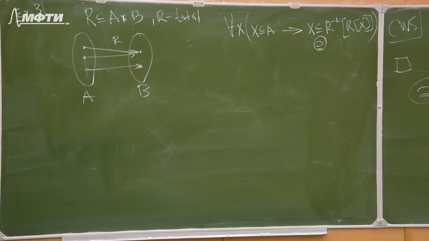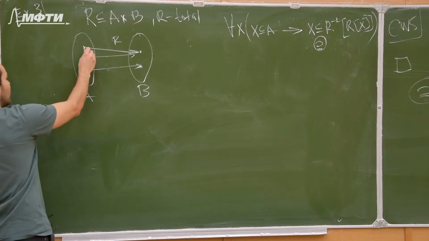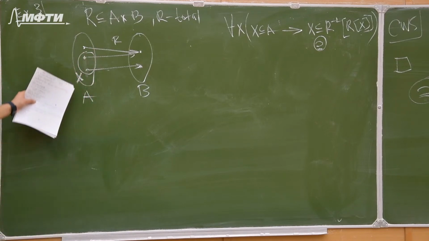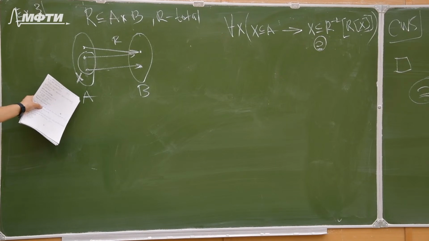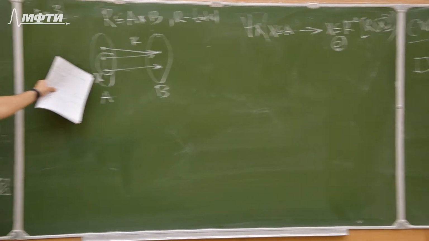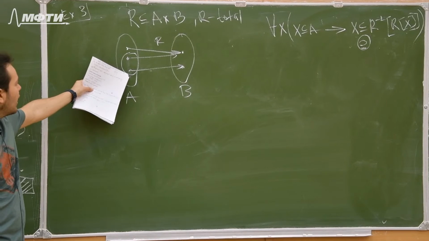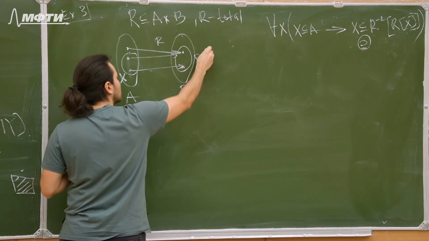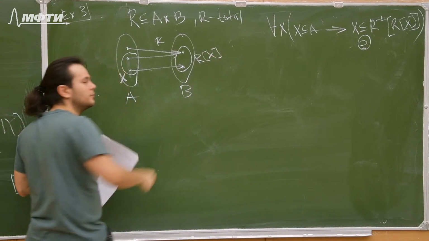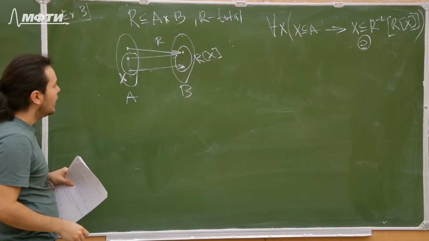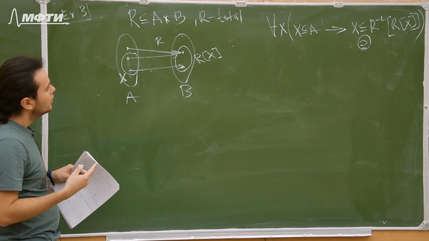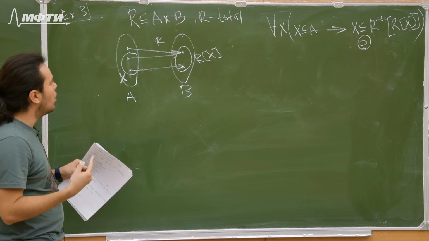So if this is X, let's take this X. This is a subset of A. We see that the image of X is going to be this. This is the image of X, right? And now what's the image of the image?